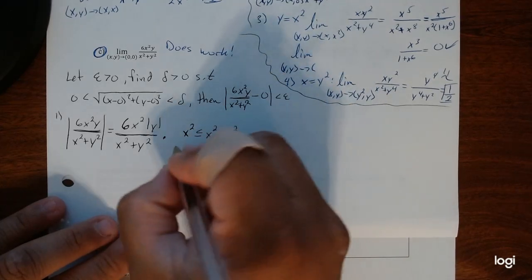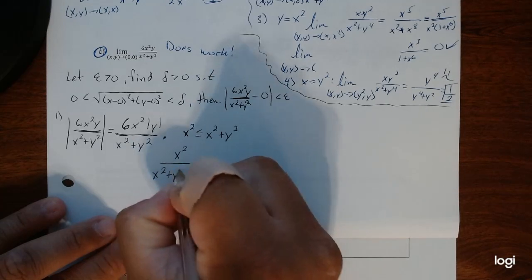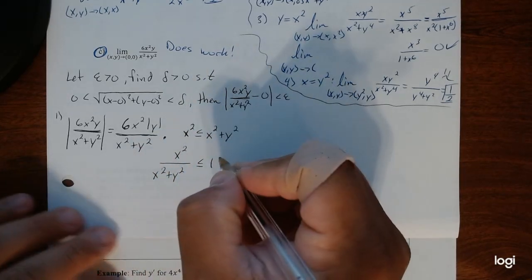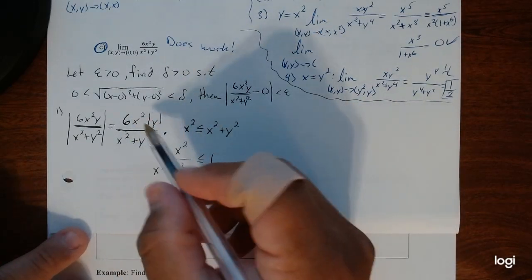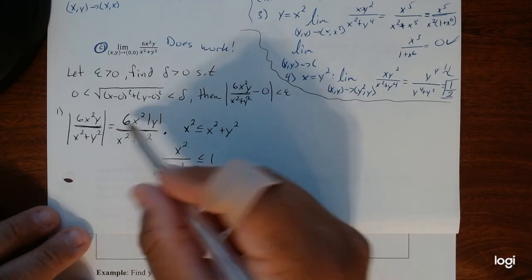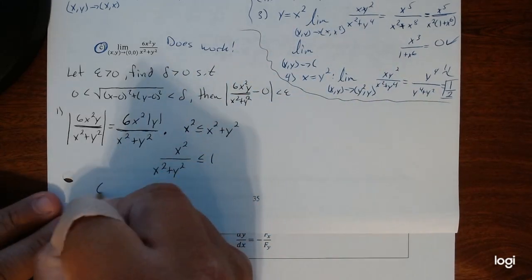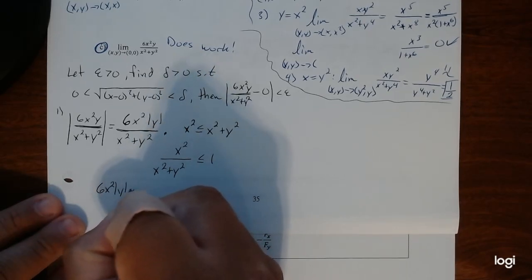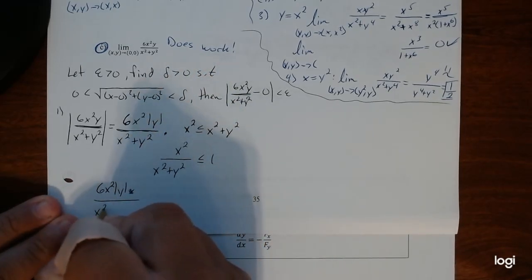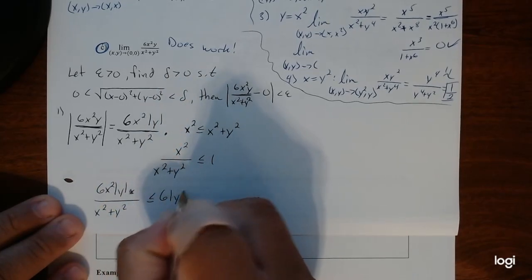So just divide it over. So now this is less than or equal to 1. Okay, so the only difference now we have on top, we're going to multiply both sides by 6 times the absolute value of y. We now have that.